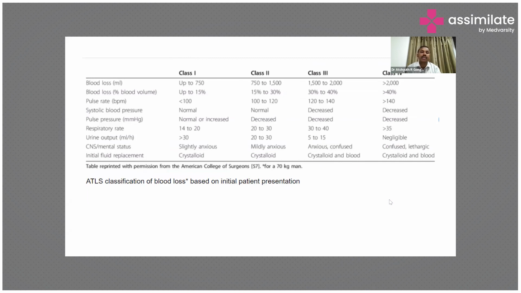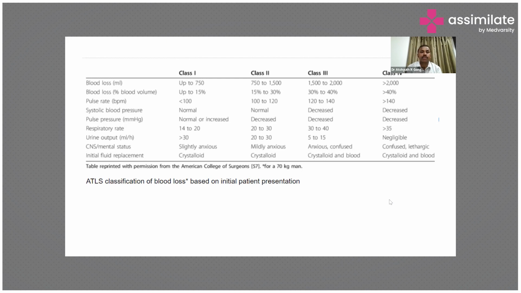There, they have parameters given, like blood loss, the absolute volume or compared to the total blood volume, pulse rate, systolic blood pressure, pulse pressure, respiratory rate, urine output, the mental status, and the initial fluid replacement of choice. I think in the previous slide as well, we touched most of these parameters, except for the blood loss, both in absolute number and the percentage to the total blood volume.